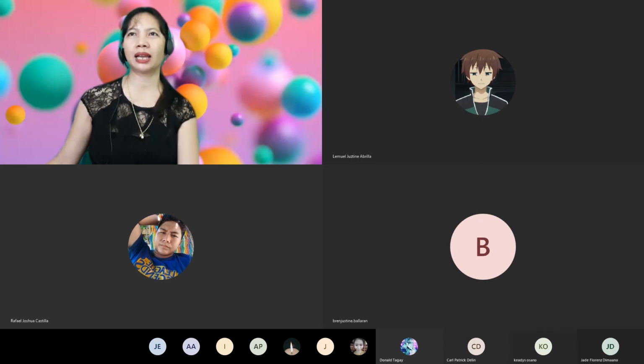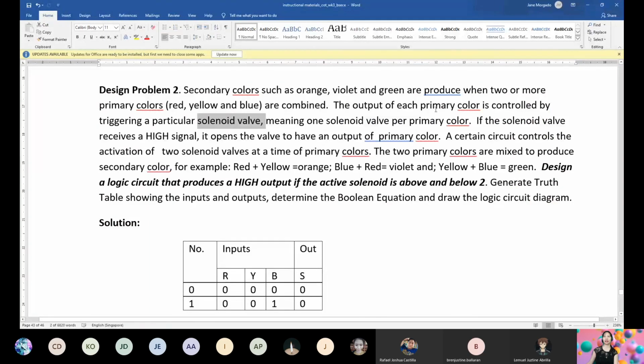Yan yung pinag-aaralan natin unti-unti. Habang tumatagal, after this logic circuit, you shall have your PLC, solenoid valves and then relays. Ma-acquaint na rin kayo dun.